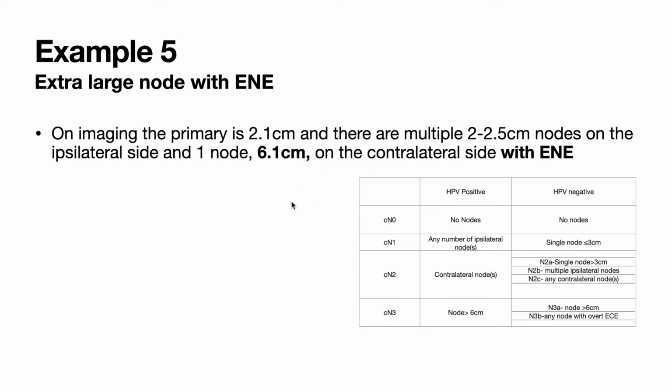This is T2N2 again. Wrong, actually. It's a T2N3, right? Because we have an N3 classification for the clinical staging in HPV positive. So 6 centimeters. Again, so it's going to be T2N3. And for HPV negative, since we have E&E, it's going to be the highest possible, N3B.